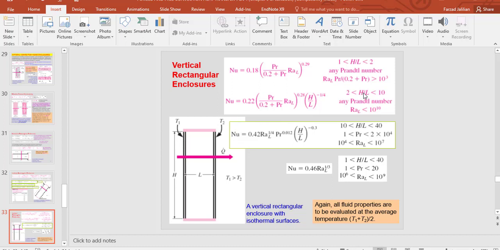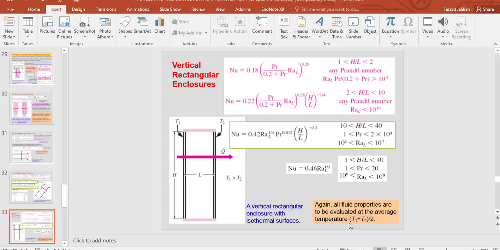And when the aspect ratio is between 2 and 10, and for any Prandtl number and with Rayleigh number less than 10 to the power 10, we should use this equation to find the Nusselt number. So as you can see, this is also a Nusselt number for when theta is 90 degrees.